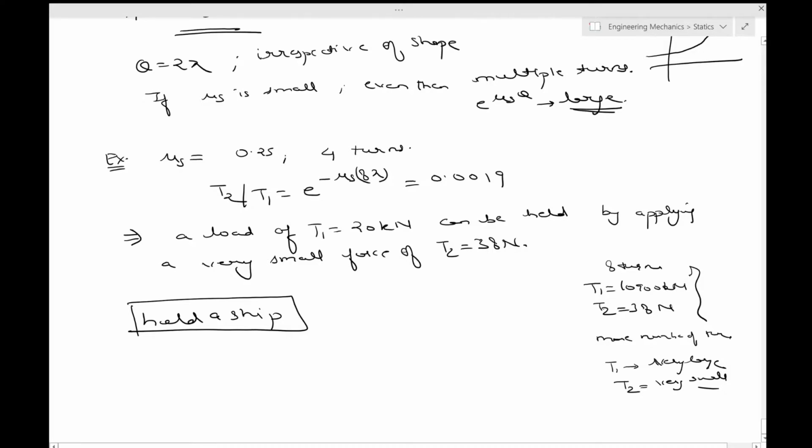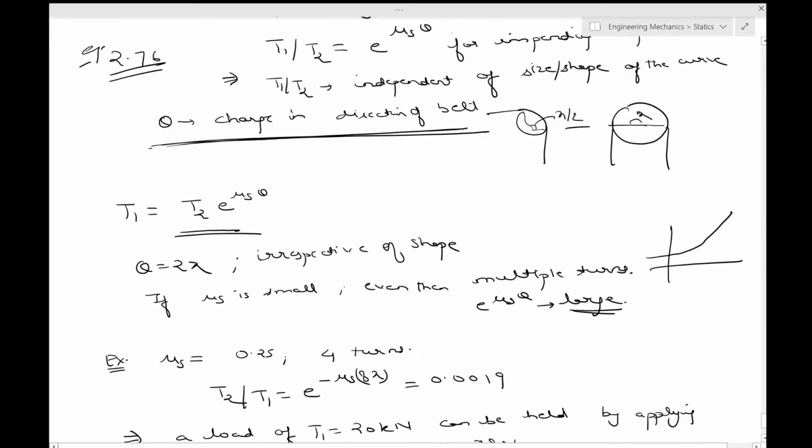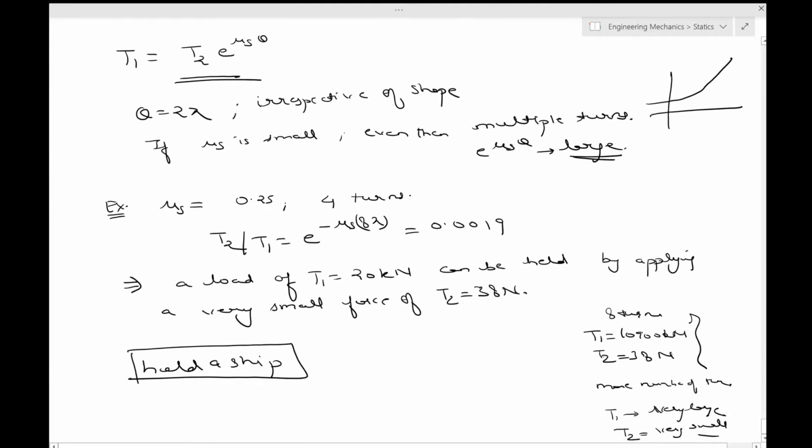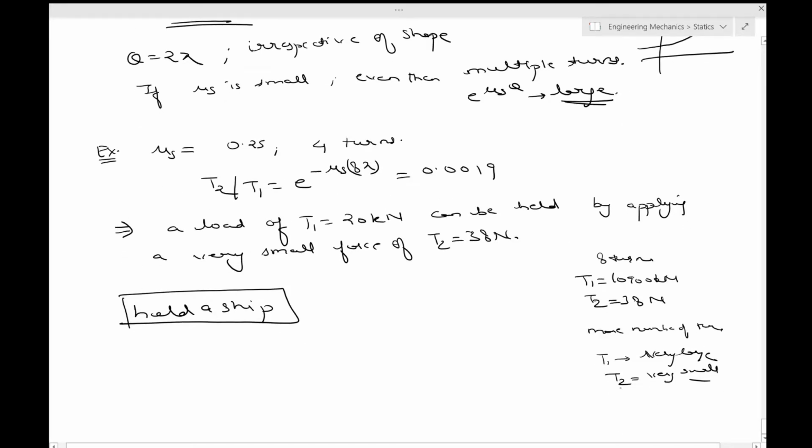That's how important this exponential relationship is. Perhaps it's not easy to identify when we learnt it in equation 2.76, but now you are matured enough to appreciate this more. And if it's enough to keep it on the ground, there is friction from the ground that will provide enough T2 so that a very large T1 can be held.